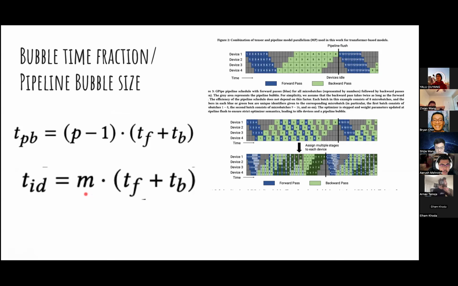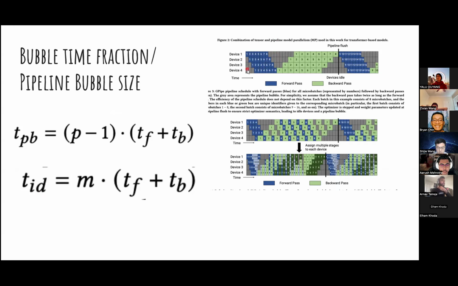What we have to remember here is that TID is the ideal time to process M microbatches. This ideal time assumes there is perfect overlap and no idle time in any of the processes, which is certainly not the case most of the time in pipeline parallelism. As you can see in figure 2, the top figure, while device 1 is working on the first microbatch, device 2, device 3, and device 4 are idle.